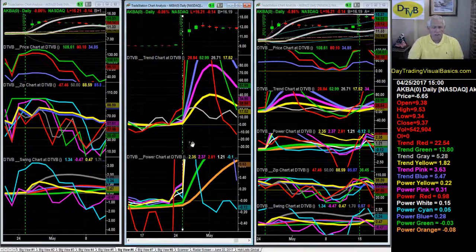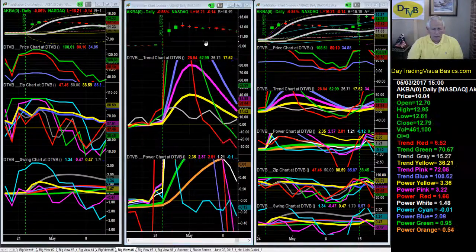The other thing, before I forget as well, power green is at minus 0.03, and power orange is at minus 0.08.